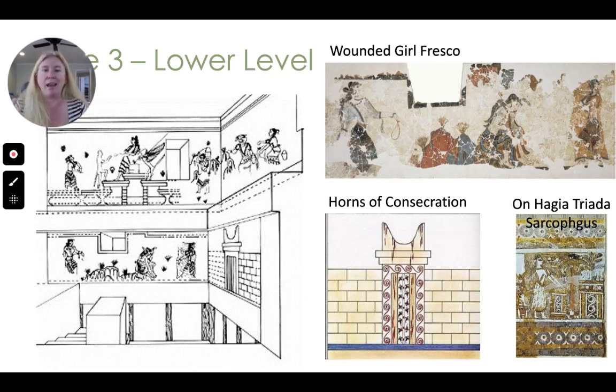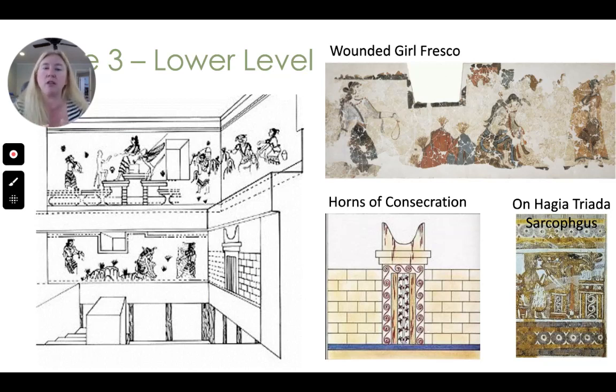So when you're looking at these pictorial programs, you can make some best guesses. You can try to figure out what's going on, but sometimes it is best guess.